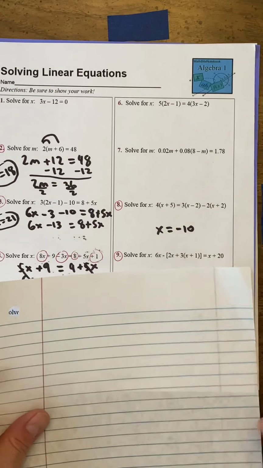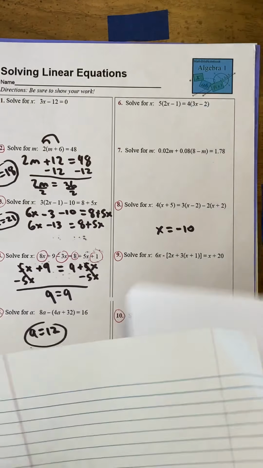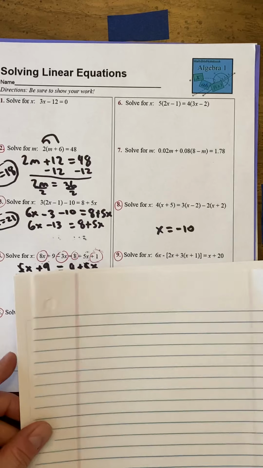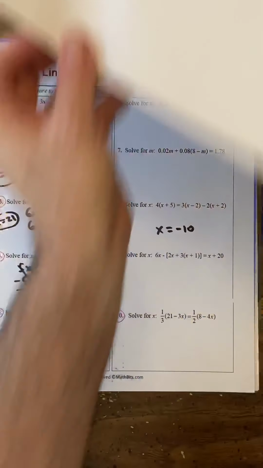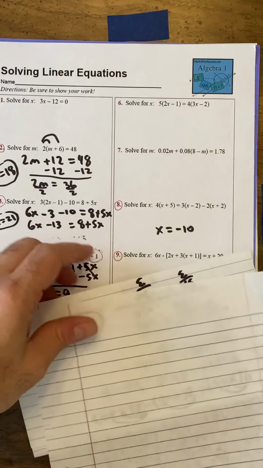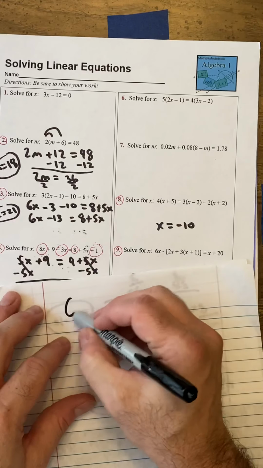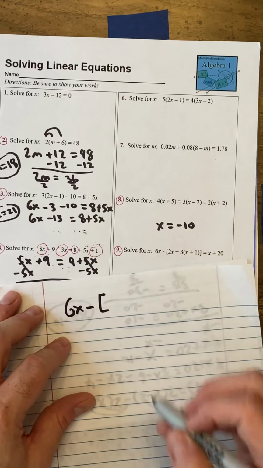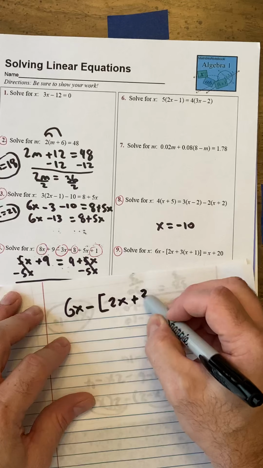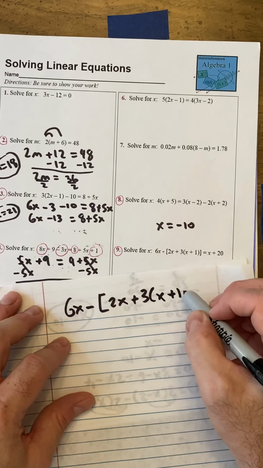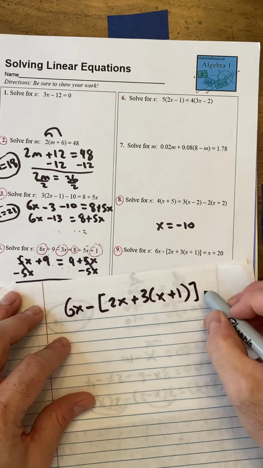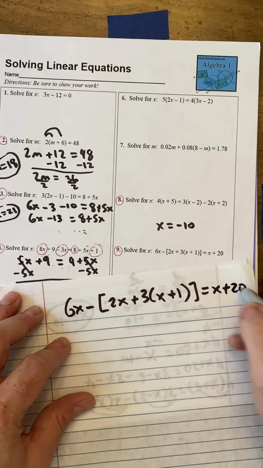This one has a few different kinds of parentheses here. I'm going to use a different sheet under this. Okay, we have a situation where you have 6x minus, and then you have a bracket, 2x plus 3 parentheses x plus 1, close parentheses, close brackets, equals x plus 20.